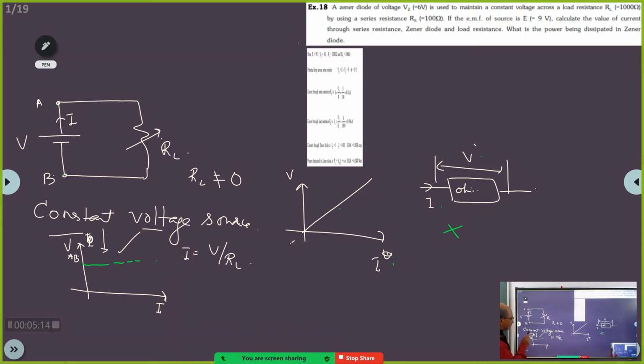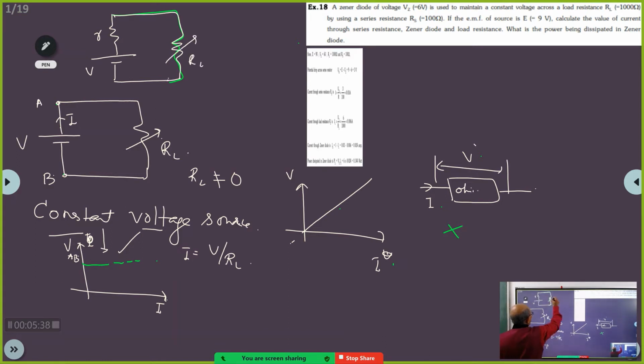Right. Now, supposing I have a voltage source like this. This is internal resistance R. Everything else is the same.